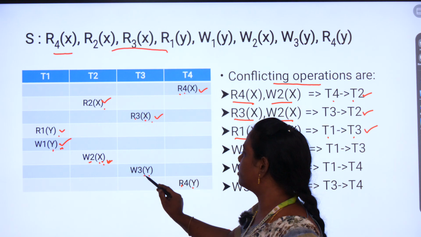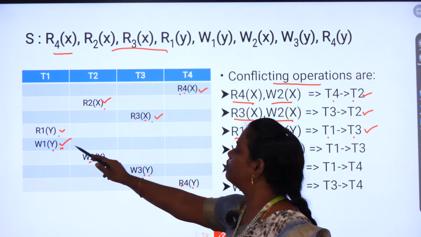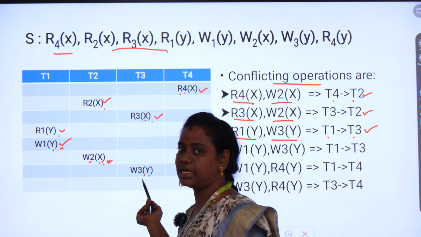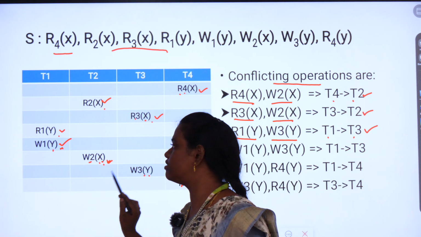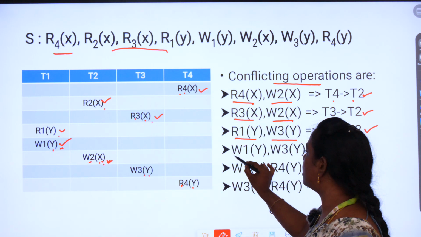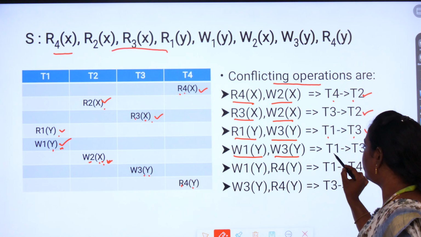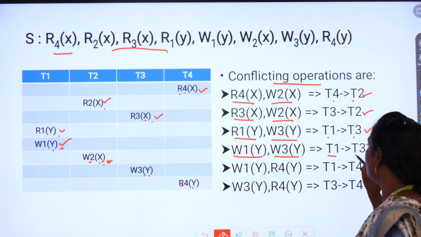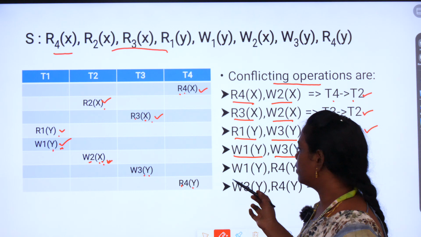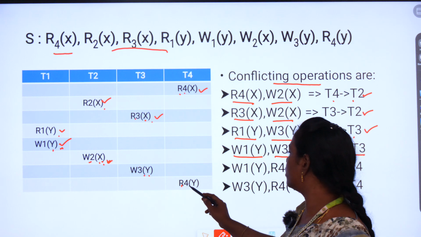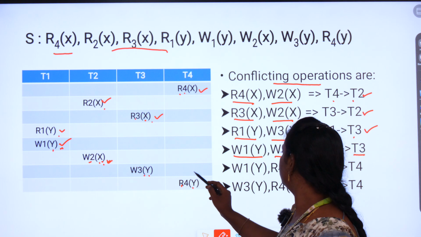And then next I am going to compare with W3 of y. Here both are performing operations on the same data, and both are write operations, so definitely there is a conflict. The conflicting pair is W1 of y and W3 of y, that is, after executing T1, then only T3 will be executed. Now check the next operation, W1 of y and R4 of y.